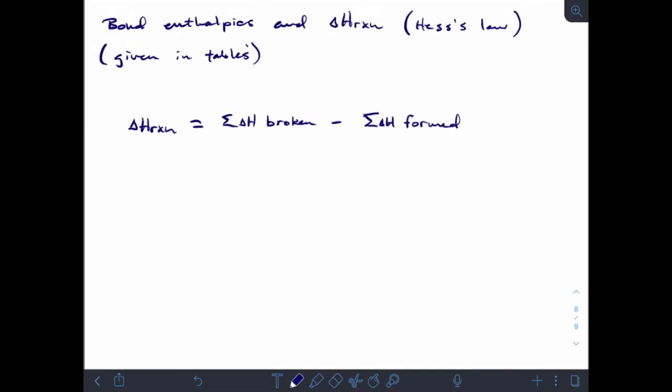So if I have a reaction that is hydrogen gas plus fluorine gas, gives me 2HF. Okay, now the easiest way to approach this is to draw a picture of each molecule. So I have a hydrogen bonded to a hydrogen and a fluorine bonded to a fluorine, and they make two hydrogen fluorine bonds.